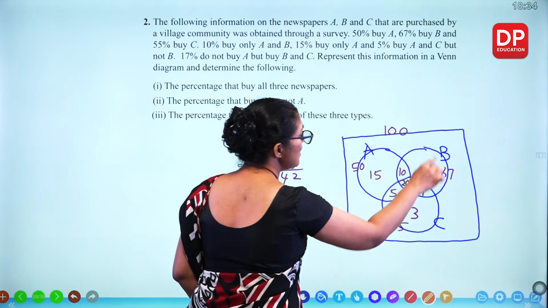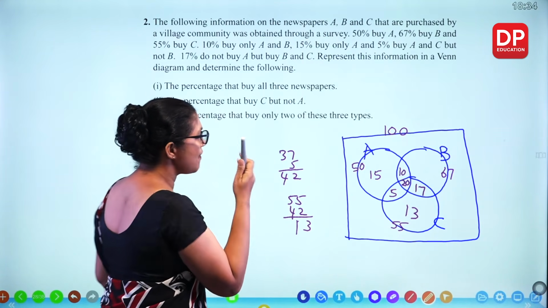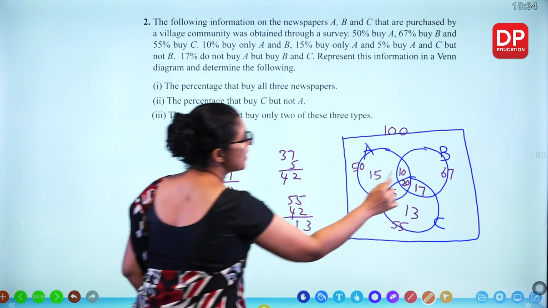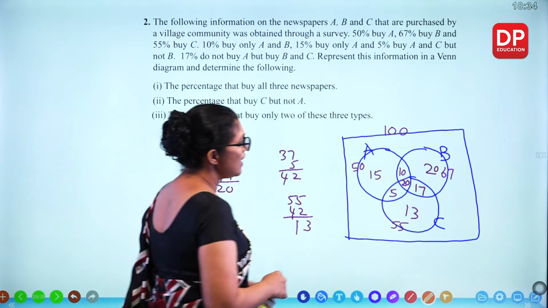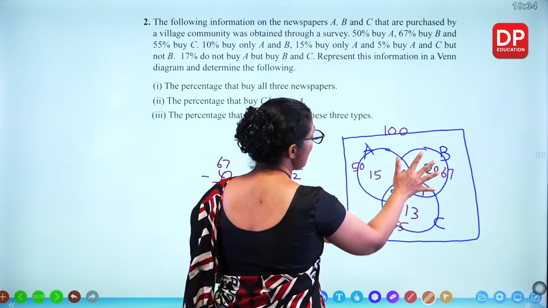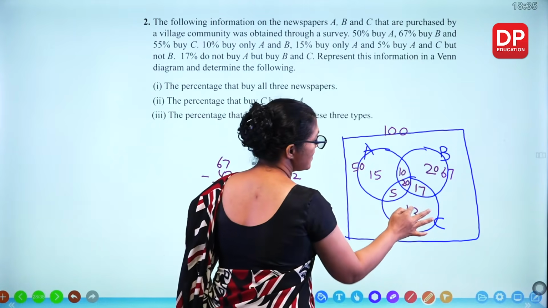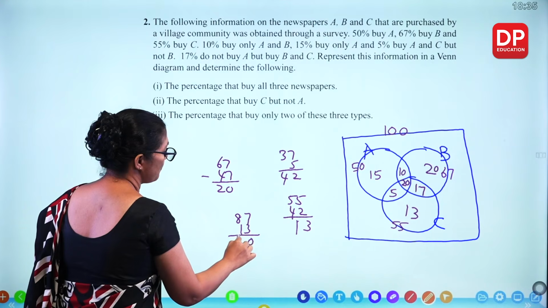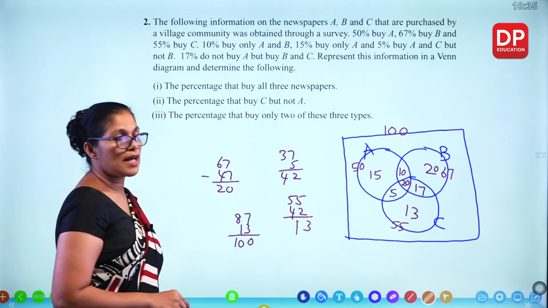This whole circle, 20 plus 10, 30. 30 plus 17, 47. 67 minus 47, you get 20. Now outside, we'll check outside. If we take 67 here, 67 plus 20, you get 87. 87 plus 13, you get 100. That means nobody outside.